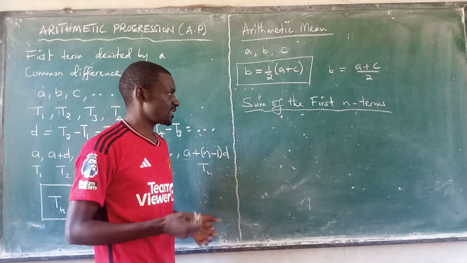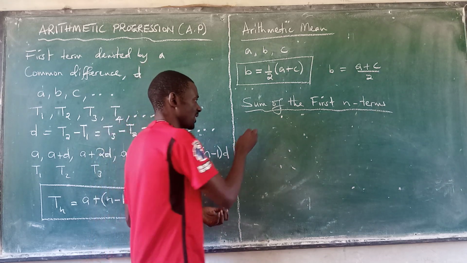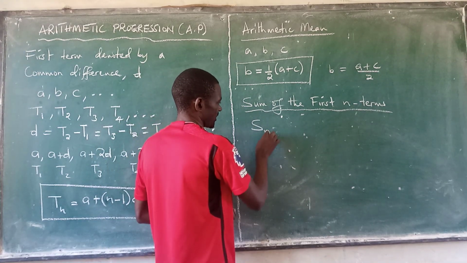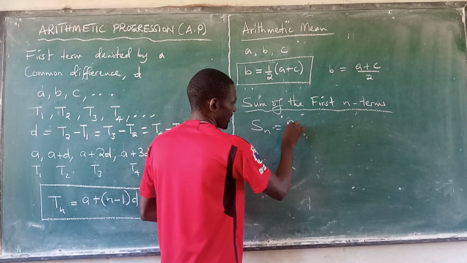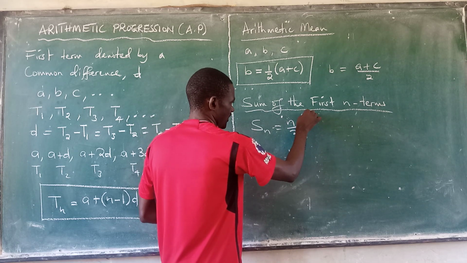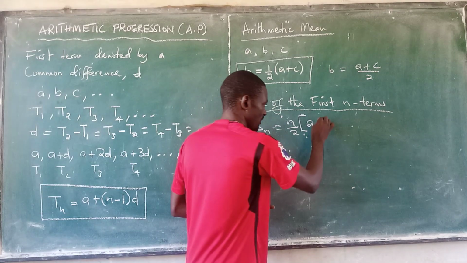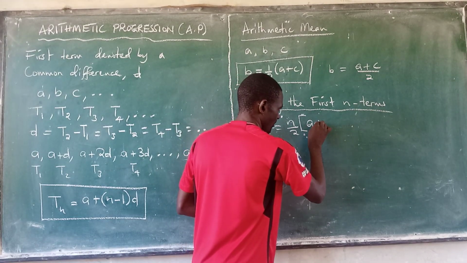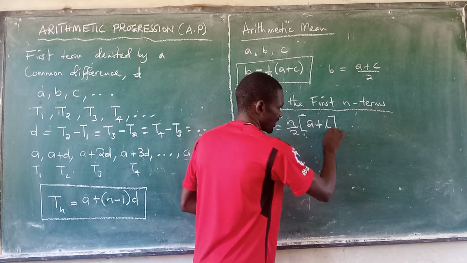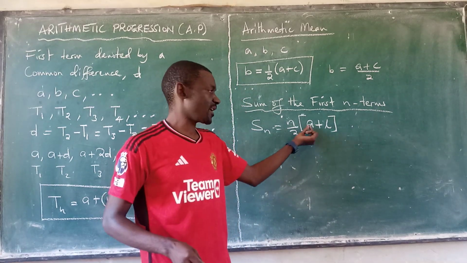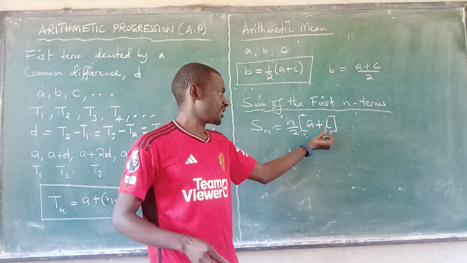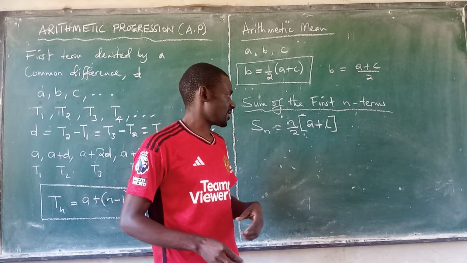The sum of the first n terms is given by the formula Sn is equal to n over 2, open brackets, A, which is the first term, plus L. L is the last term. So where A is the first term and L is the last term.